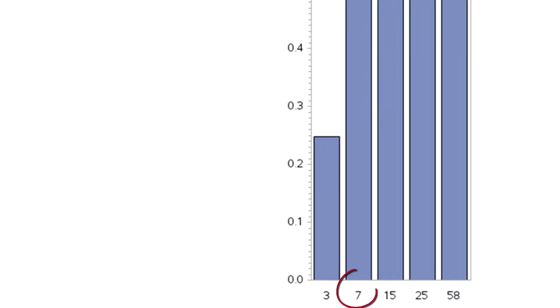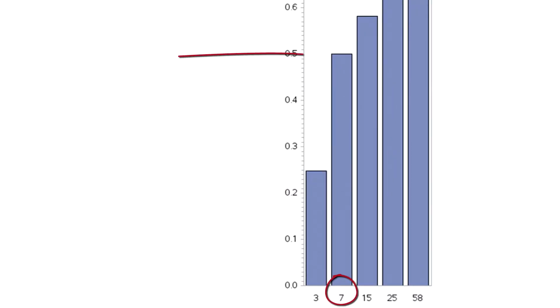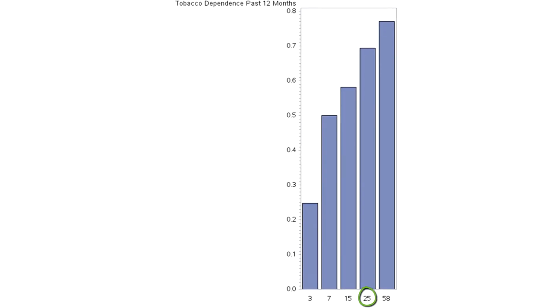Among those smoking 6 to 10 packs a month, 50% are nicotine dependent. Among those smoking 11 to 20 packs a month, 58% are nicotine dependent. Among those smoking 21 to 30 packs per month, almost 70% are nicotine dependent. And among those smoking more than 30 packs a month, more than 70% are nicotine dependent, around 77%.